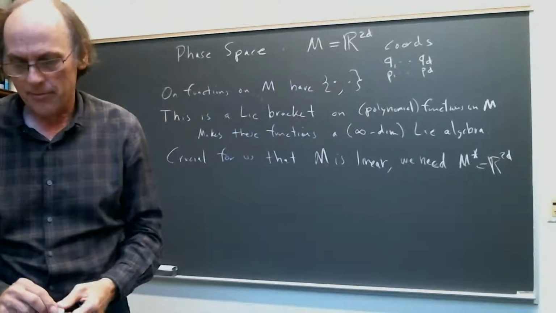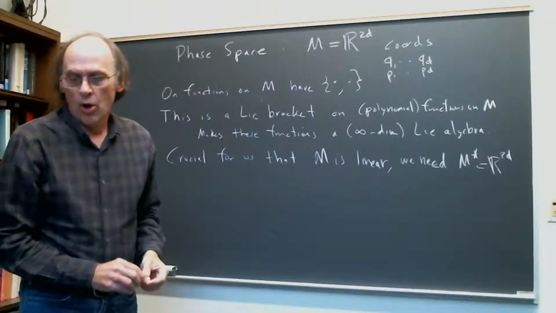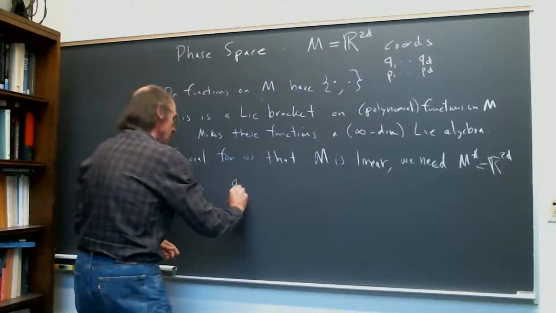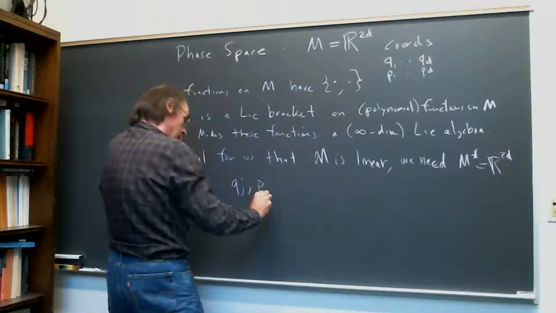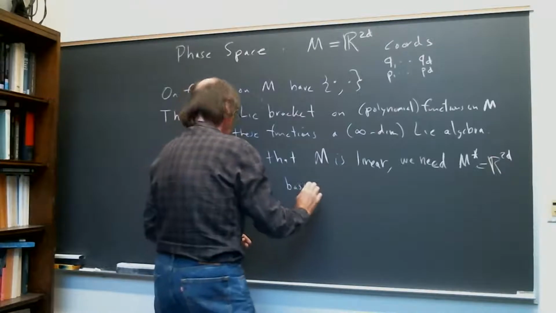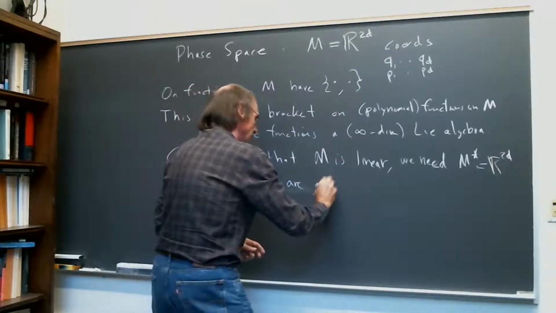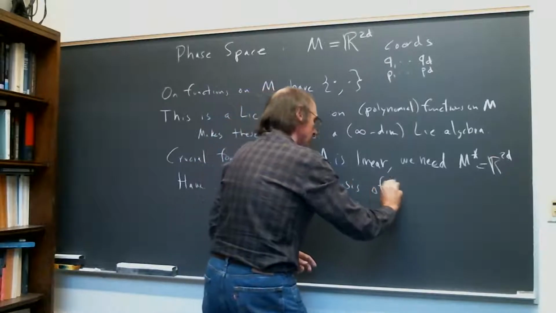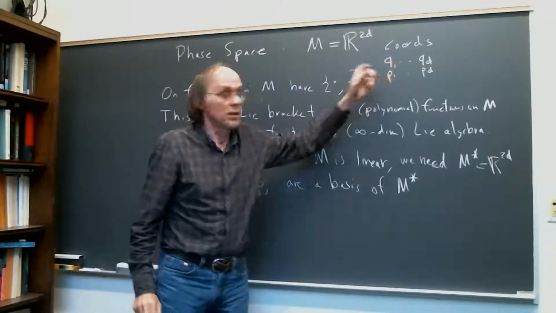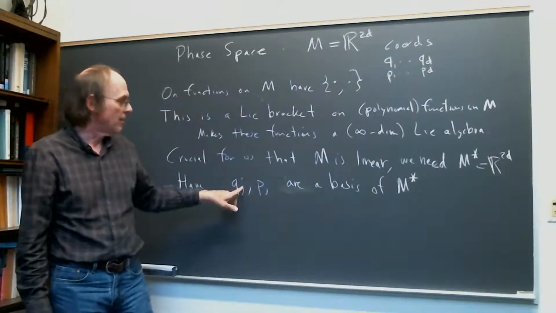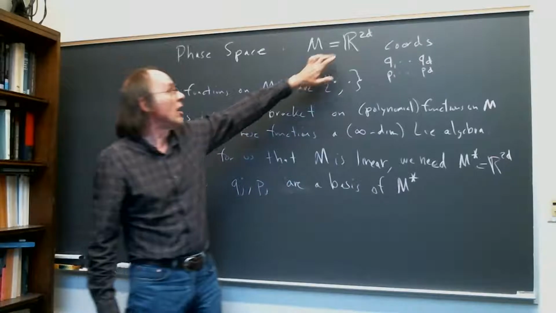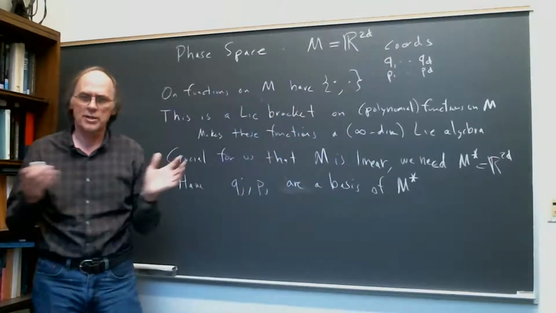Now, the Qj, Pj are basis elements. You can think of these Q and P coordinates as being the basis elements of the dual space of R^2d. It's always true for linear coordinates on a linear space.